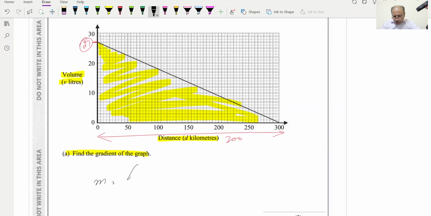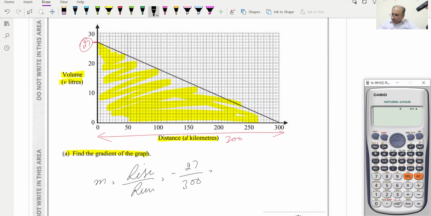So we can write the gradient is equal to rise over run, which is equal to 27 over 300, and this is negative because the right side is downward, left side is up, so this graph will be getting minus 27 over 300, and this will be equal to minus 0.09.